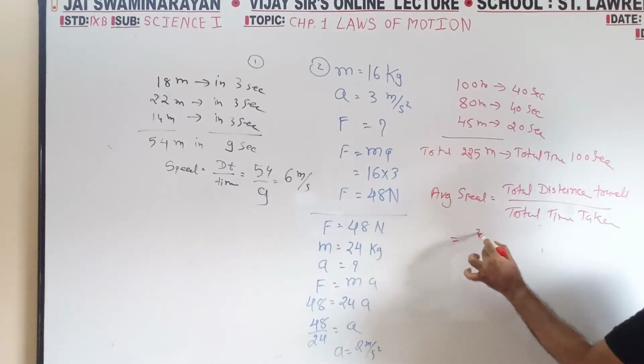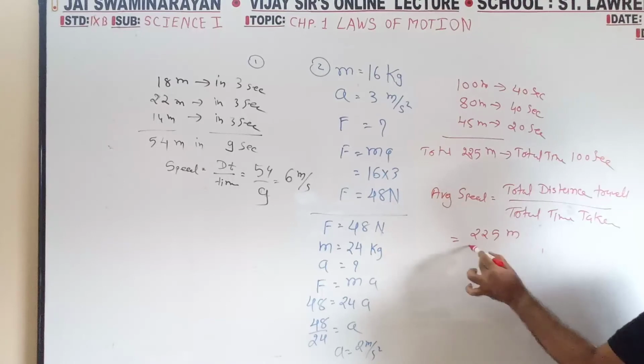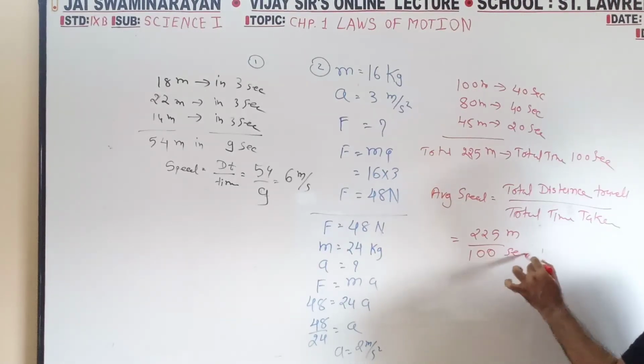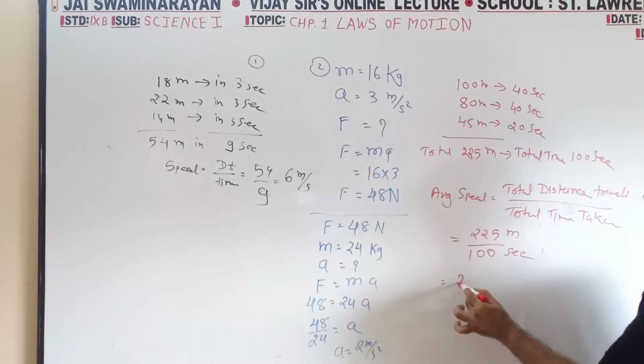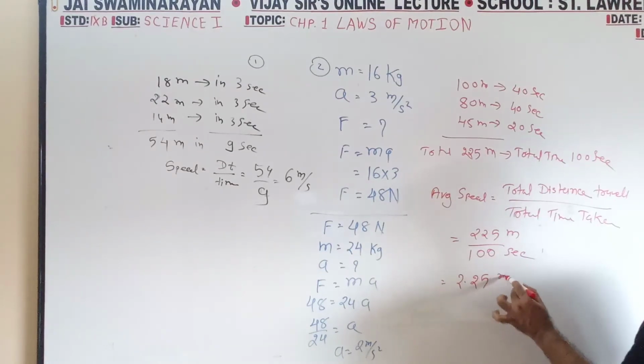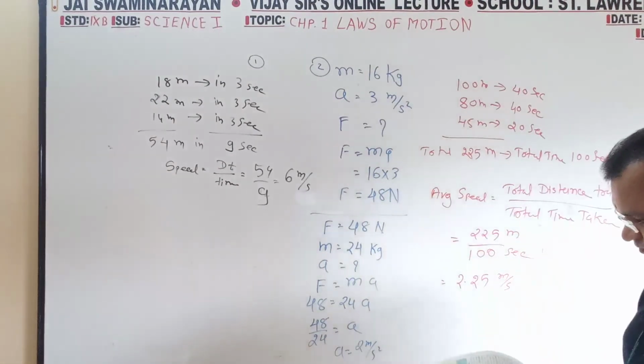So it is 225 by 100, that is 2.25 meter per second.